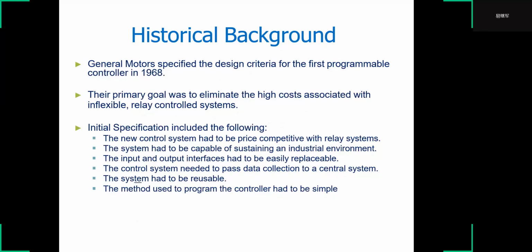This is the historical background. General Motors specified the design criteria for the first programmable controller in 1968. Their primary goal was to eliminate the high costs associated with inflexible relay controlled systems.